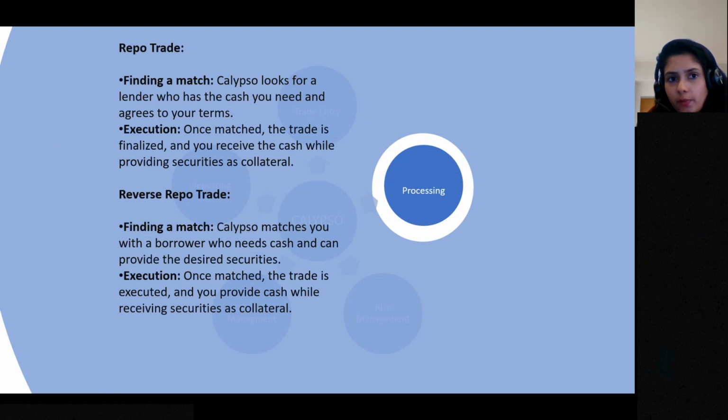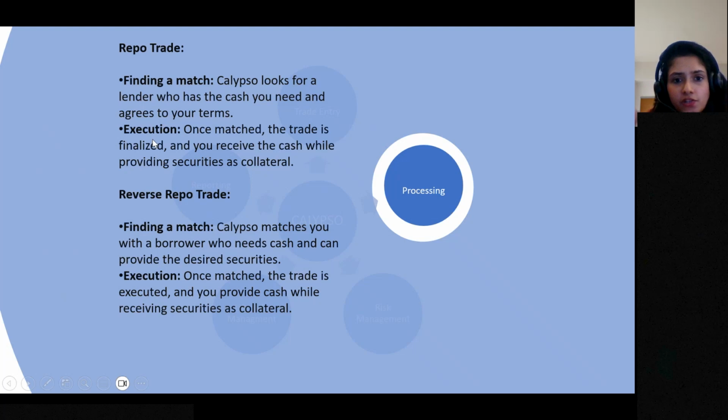So how will Calypso provide that cash? We try to find a match. Calypso will look for a potential or prospective lender. The lender will give its money in Calypso, and Calypso will hand over that money to me, who is in need of cash.